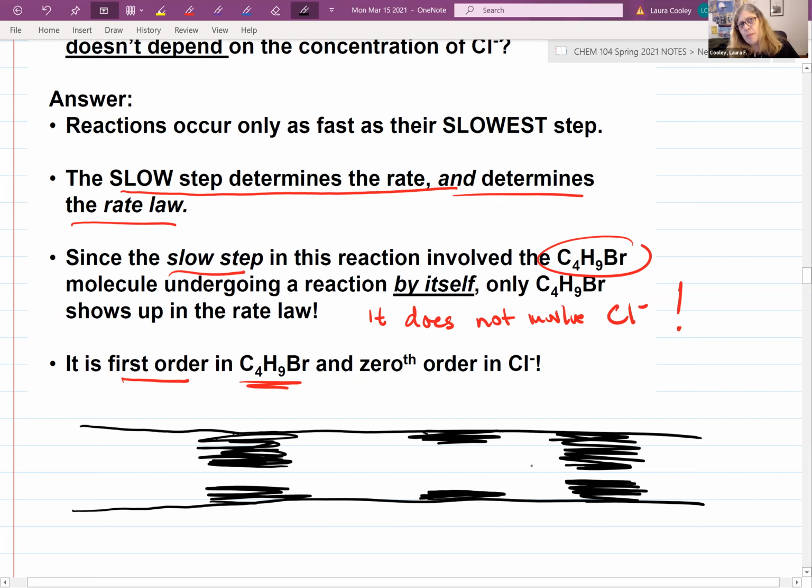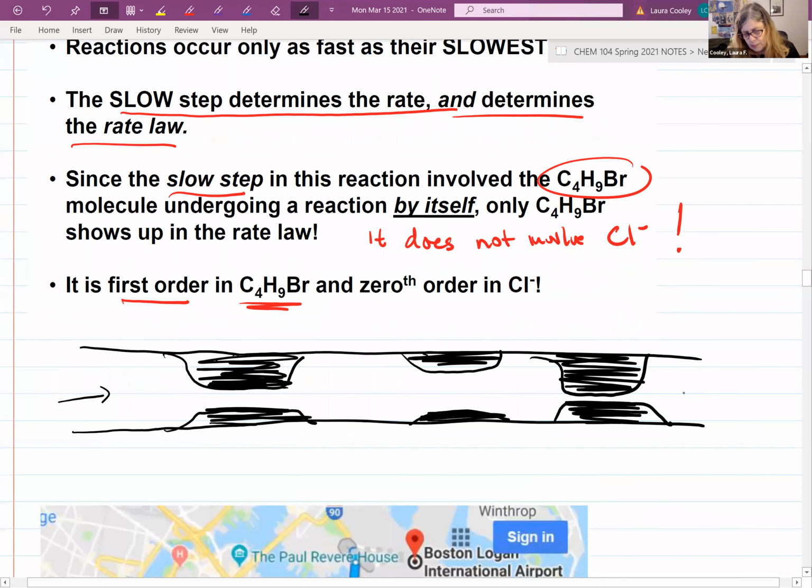I remember when all the pipes in my ancient house were changed, and I got to look at some of the pipes from the upstairs bathroom, and you could barely put a pin through that pipe. So here it's almost like you have a pipe that's gotten narrow, and here it's gotten really narrow. So what determines how fast the water can get through the pipe? It's certainly not this width.